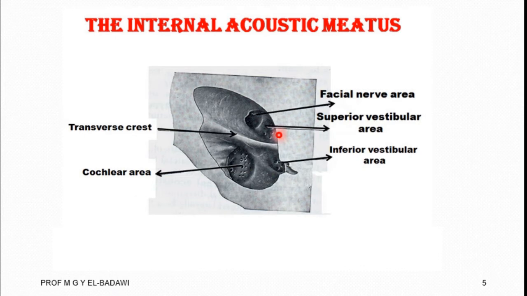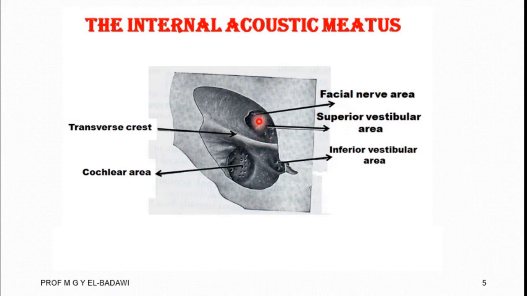As it comes out from the pontomedullary angle, it has to pierce the pia, the arachnoid and the dura to enter the internal acoustic meatus. In the internal acoustic meatus, as you can see here, it is divided into an upper part, what we call the superior part, and a lower part by the transverse crest.